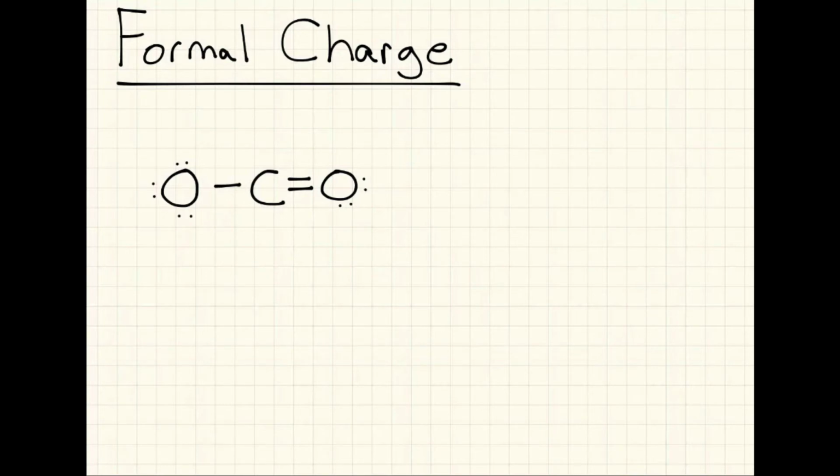That may have seemed a little bit arbitrary, and so what I'd like to do now is introduce the concept of a formal charge to help us understand or explain how we would make a better choice, or how we'd make the optimal choice of what to do.